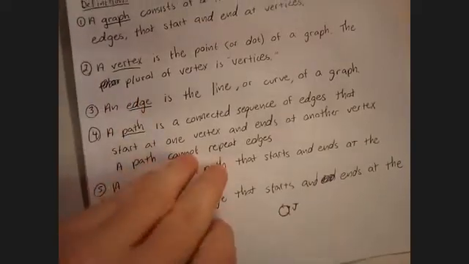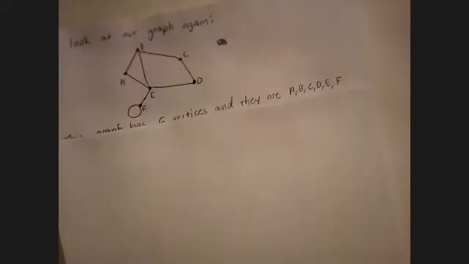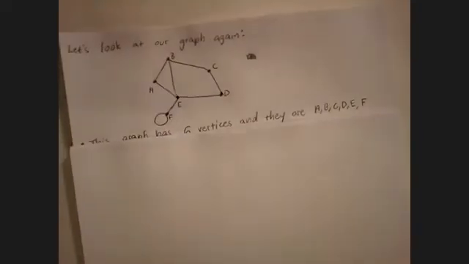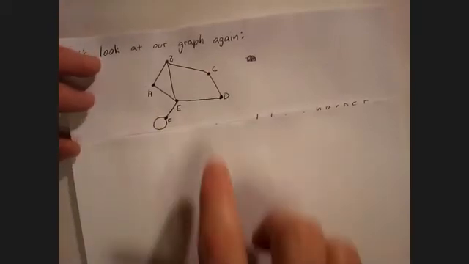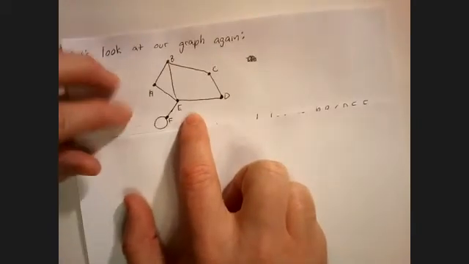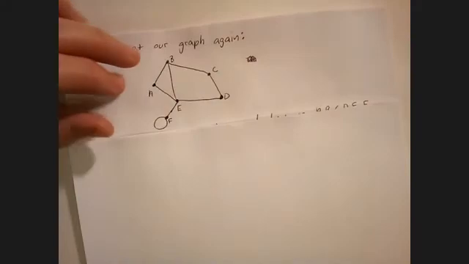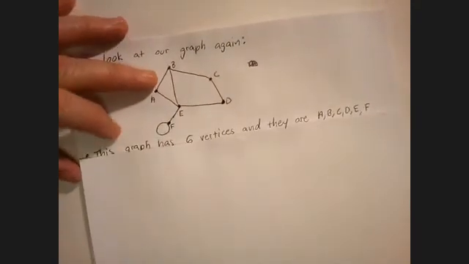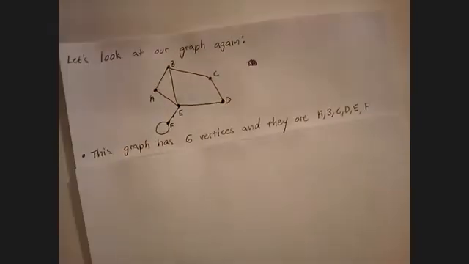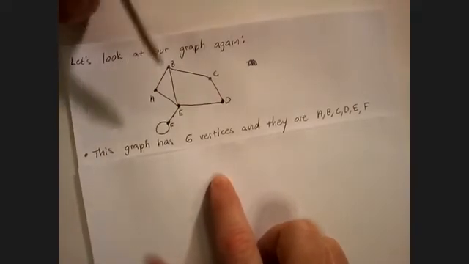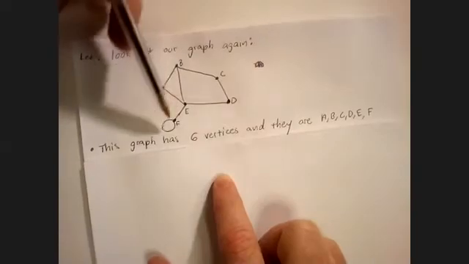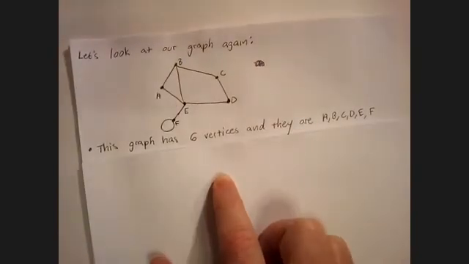All right, next. I want to keep referring back to the graph that I drew earlier, because we labeled some of these things, but we want to talk more in depth. So this graph has 6 vertices, and they are the letters I labeled, A, B, C, D, E, F. Now underline that.